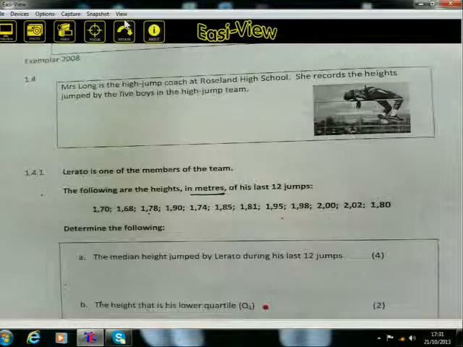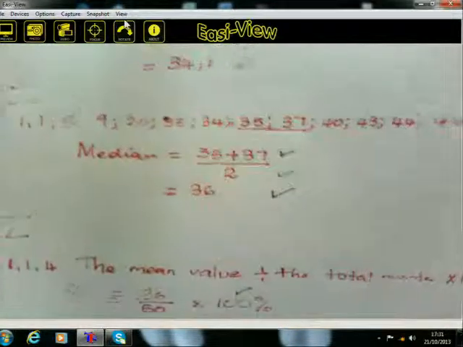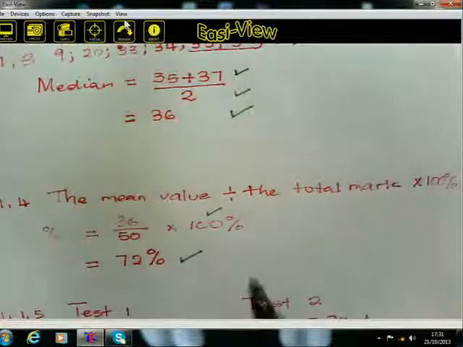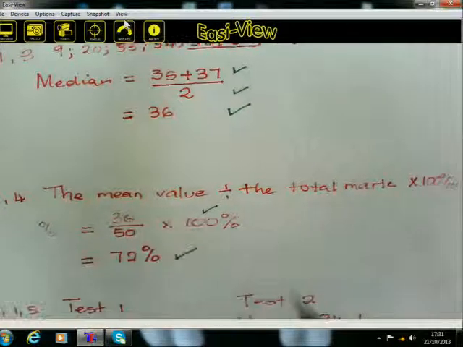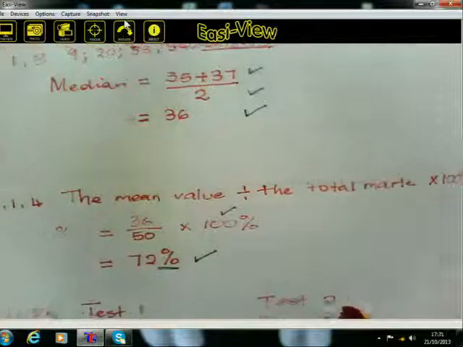So you had to leave your answer in percentage. I can't find that question. Remember, we had to calculate a percentage of the mean value. Remember, you had to show us the percentage.